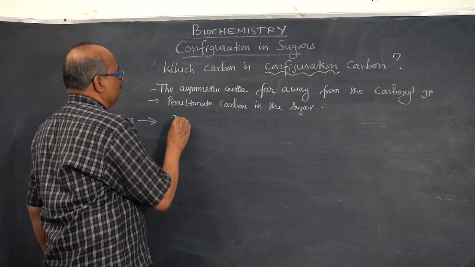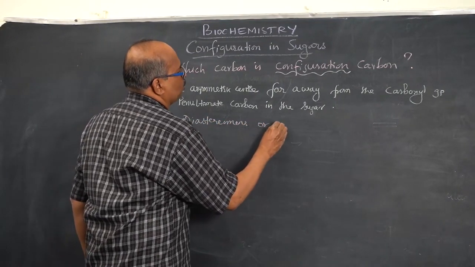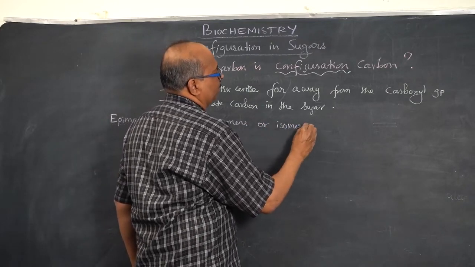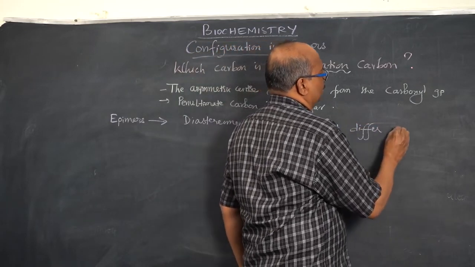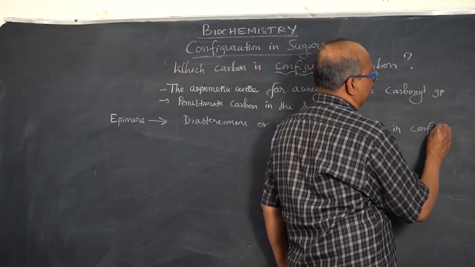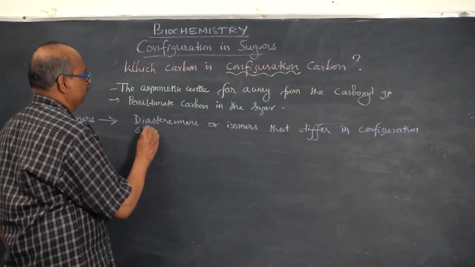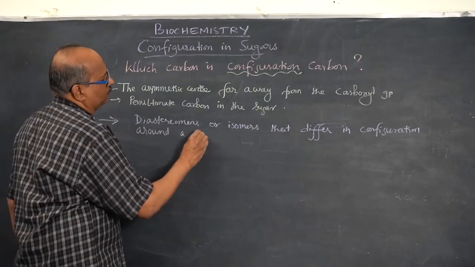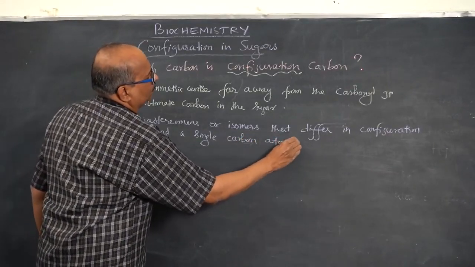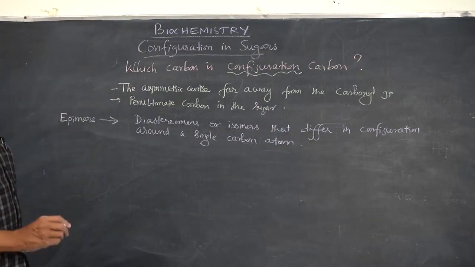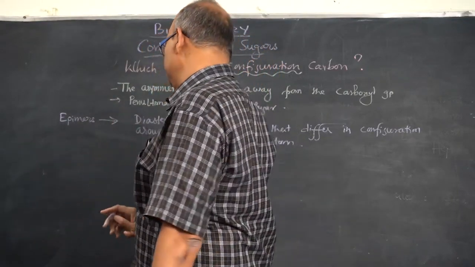So epimers are diastereomers or isomers that differ in configuration around a single carbon atom.